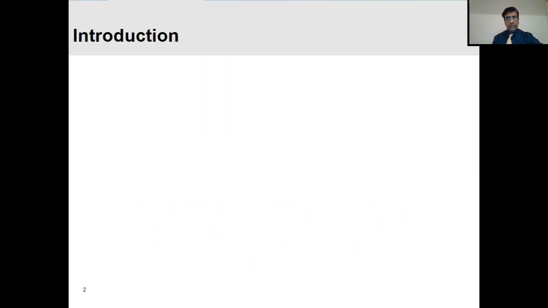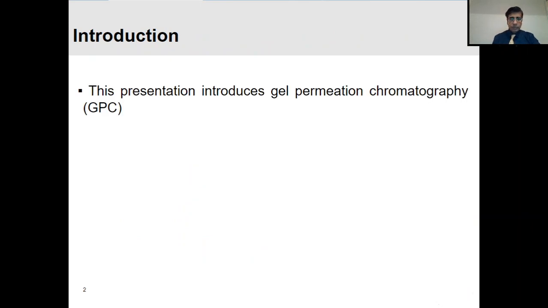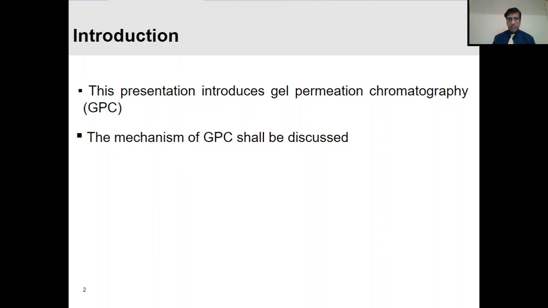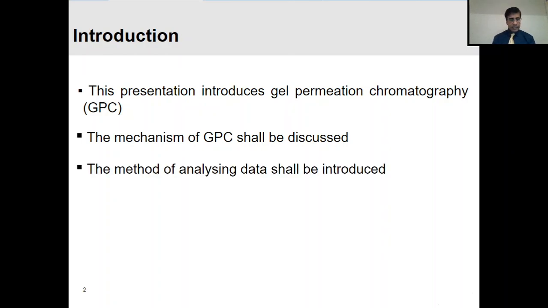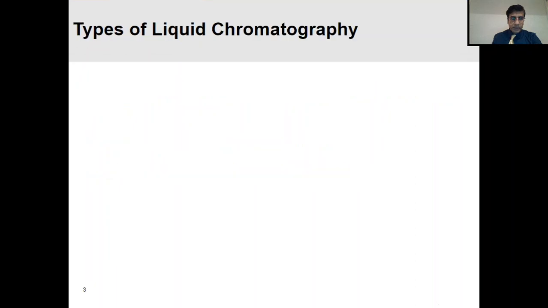So in this introduction we will discuss gel permeation chromatography in more detail, the mechanism of gel permeation will be discussed, and some data will be analyzed. There are different types of liquid chromatography which we use, and you are quite familiar with HPLC.